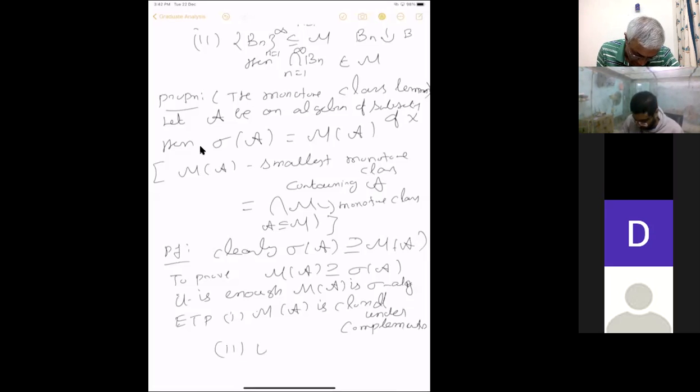The second statement is that it is closed under union. Union means just two union.